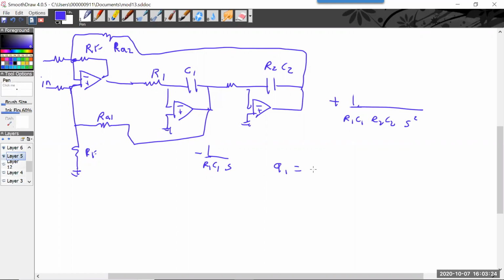Now, if I set A1 equal to 1 over R1 C1, and then set A2 to... I have to double check.